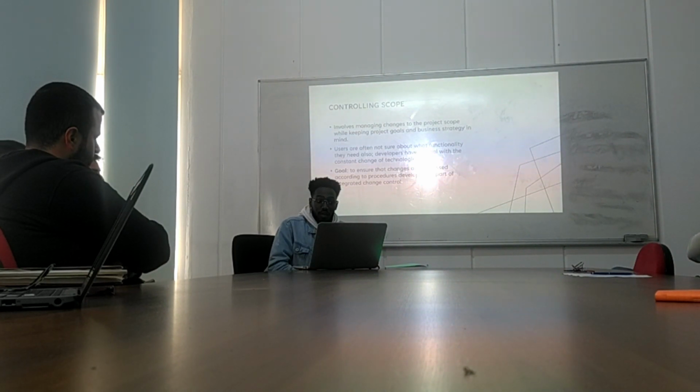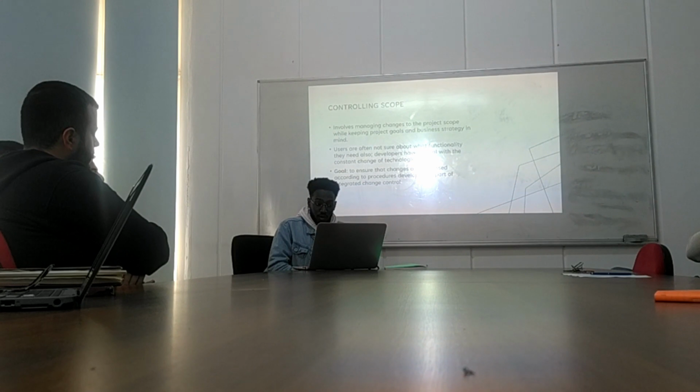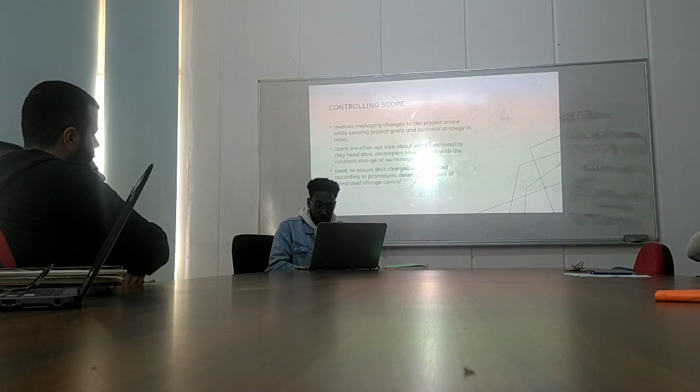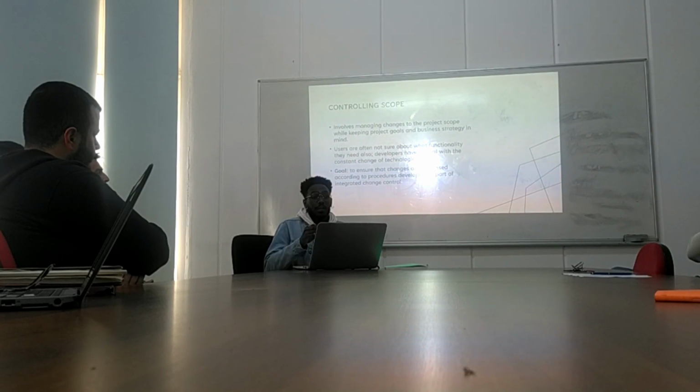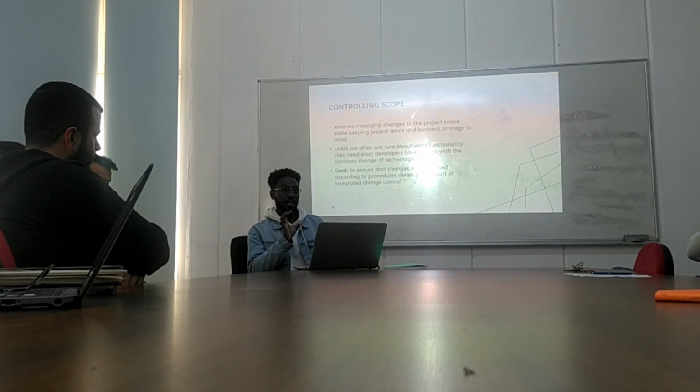Because users are often not sure about what functionality they might need, and developers have to deal with the constant change of technologies. So there are many things that can influence the changes that could happen to a project. In controlling scope, we are just trying to control these changes following a specific procedure.